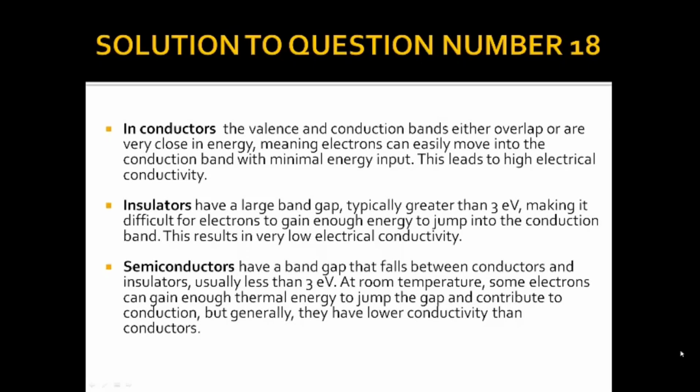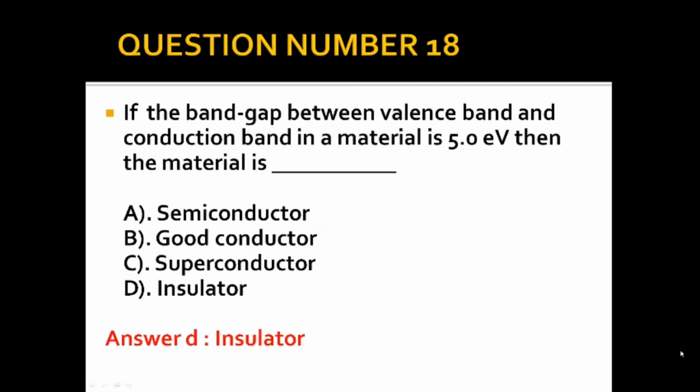Now, for insulators, they have a large band gap, typically greater than 3 electron volts, making it difficult for electrons to gain enough energy to jump into the conduction band. This results in very low electrical conductivity. Now, since the energy band gap in insulators is more than 3, look at the question again.